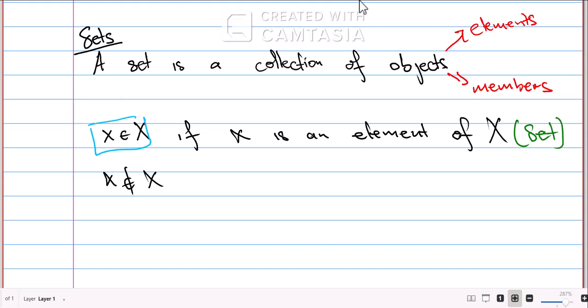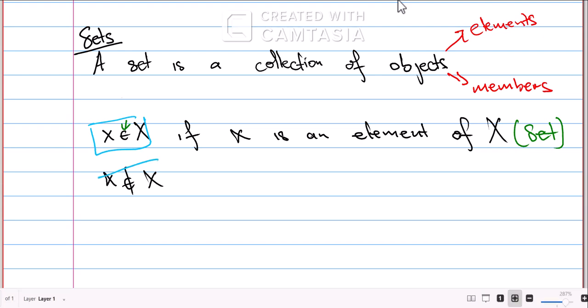So X is a set, and this is a notation for an element. We say x is an element of this capital letter X, so this capital letter X is the set.